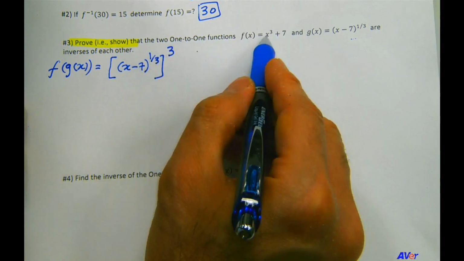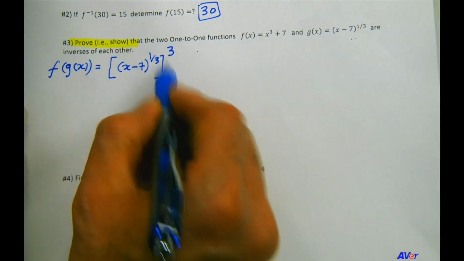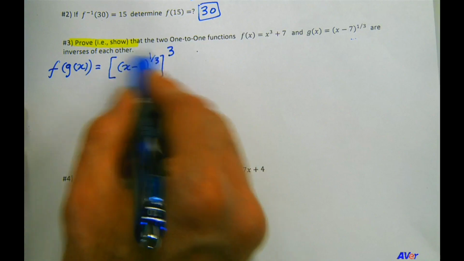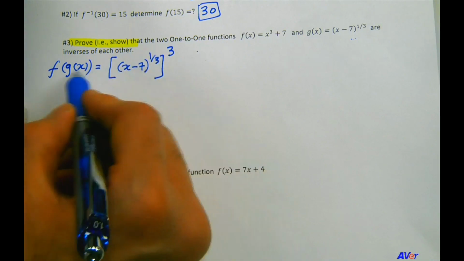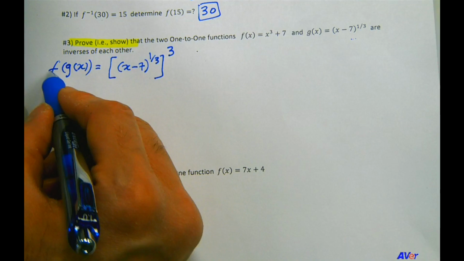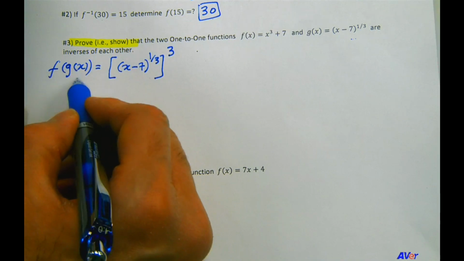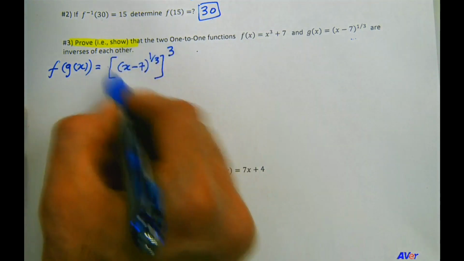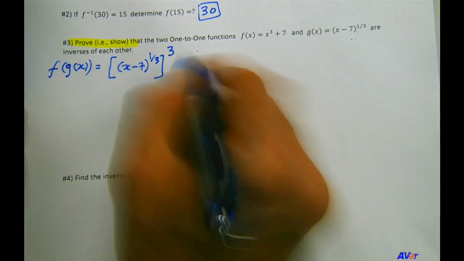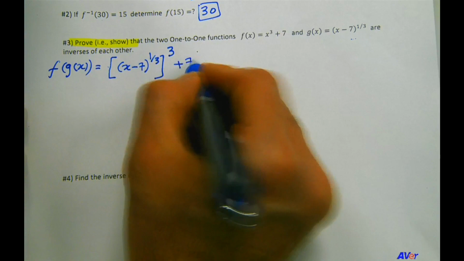Notice in f, all of the x is gone. Instead, I have all of g, right? That's what we're calculating, the composition of f and g. All of g must be placed inside f, which is what I've done. Of course, plus 7. I didn't forget about that.